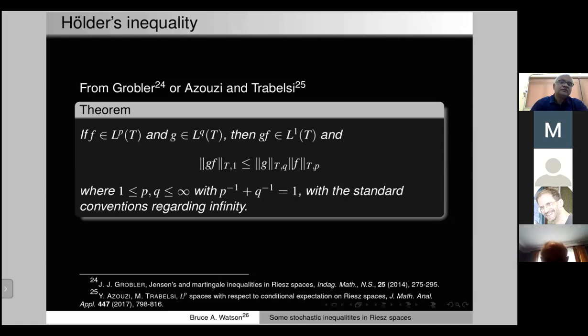Okay, and this says that if we have F in LP(T) and G in LQ(T), then we certainly have that F times G is in L1, and the L1 norm of F times G is less than or equal to the TQ norm of G times the TP norm of F.